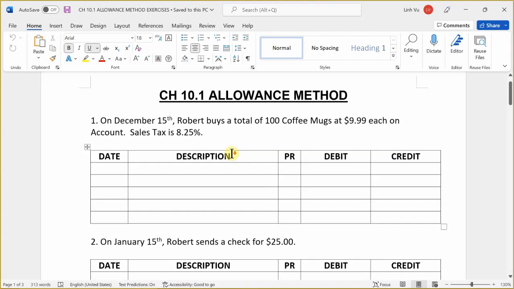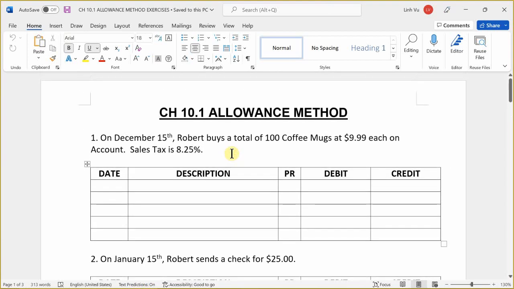Okay, let's go ahead and finish up today with the exercises. So here we are. Question number 1. On December 15, Robert K. buys a total of 100 coffee mugs at $9.99 each on an account. Sales tax is 8.25%. Okay.